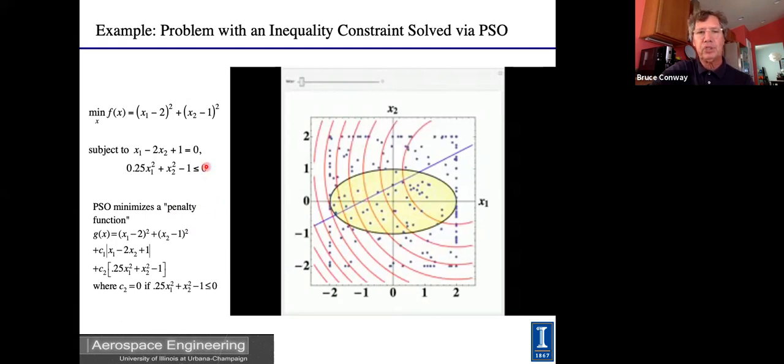So you add the constraints to the function you want to minimize, through weights here called C1 and C2, and then the optimizer can minimize it if it drives the constraints to 0. So in this case, we're trying to minimize this function subject to the requirement that the solution lie on this straight line and that it be on the interior of the ellipse that's given by this equation.